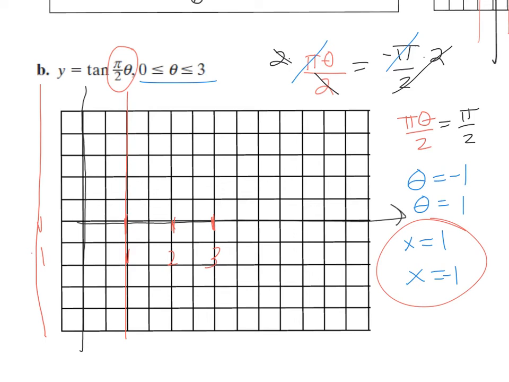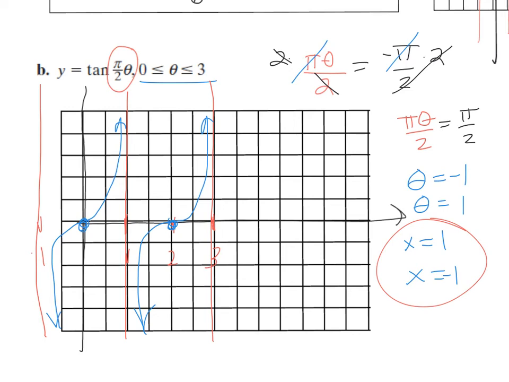And if I keep up the same pattern, there's going to be one at 3. And my x-intercepts are going to be right here. And I'm going to be going up from left to right. So it's 1.5 cycles.